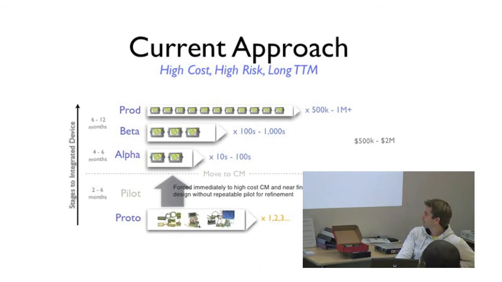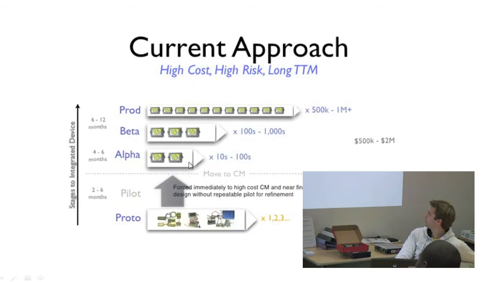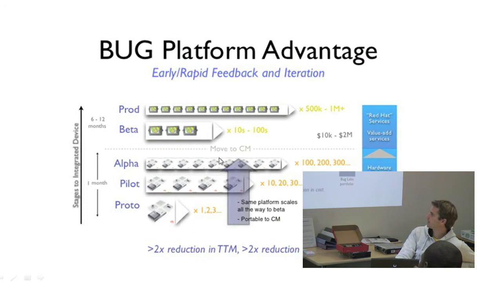So yeah, this is the current approach we looked at before, and this is sort of what Bug is trying to do. So we moved from what's going on in the labs to this consumer manufacturing stage. Here, that really happens a lot later because we're dealing with more tangible things.